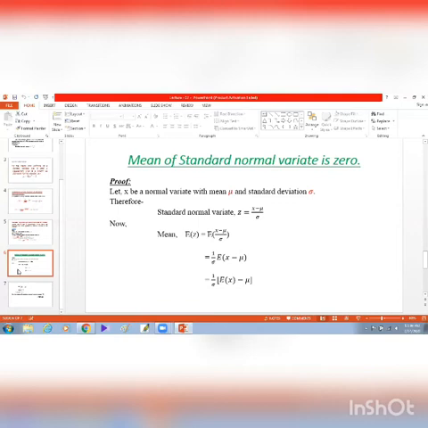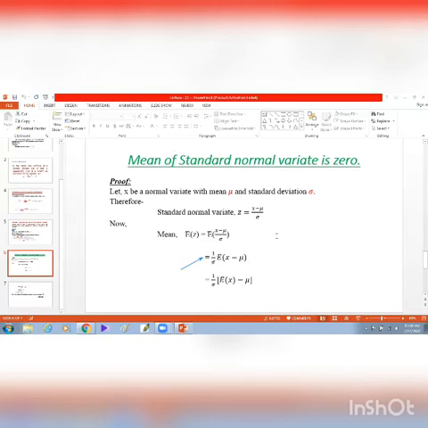There is a property of mathematical expectation, which is expectation of ax equals a times expectation of x.